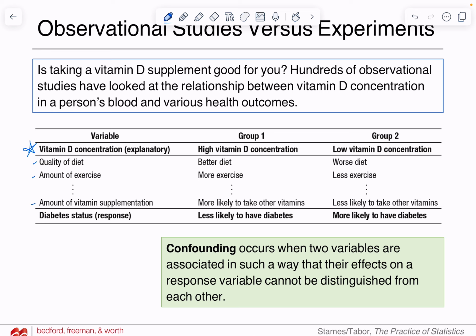Okay, quality of diet, amount of exercise, if they take a different vitamin supplement. We have one group of people who take a lot of vitamin D, so they're less likely to have diabetes. So we're like, cool, vitamin D, less diabetes. Group 2, low vitamin D, more likely to have diabetes. Okay, so first you think, cool, more vitamin D, less likely to have diabetes. That's it. More vitamin D causes you to be less likely to have diabetes.